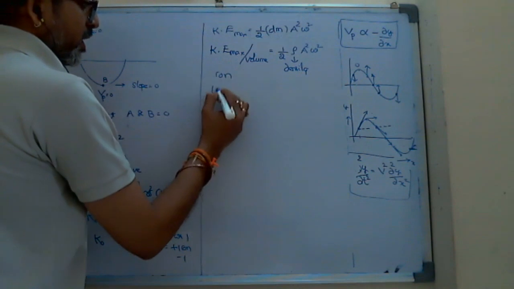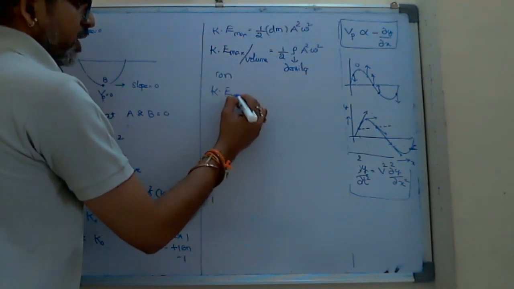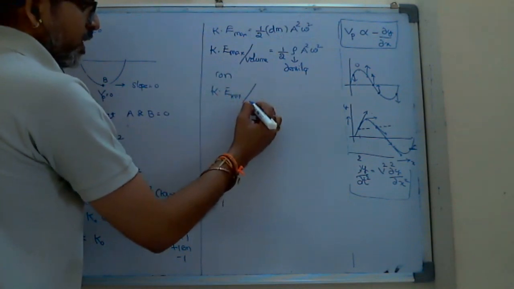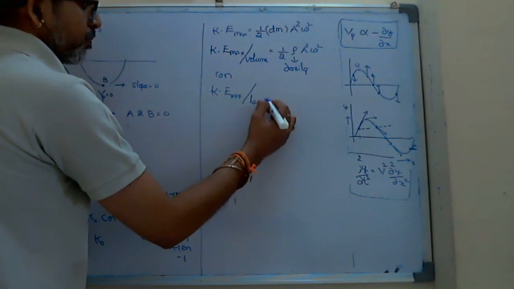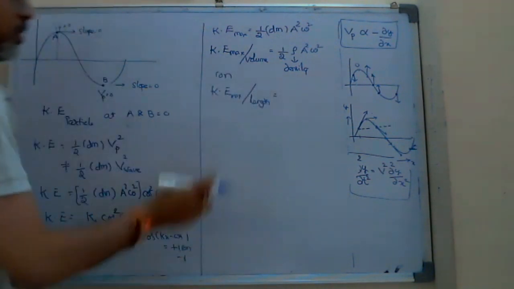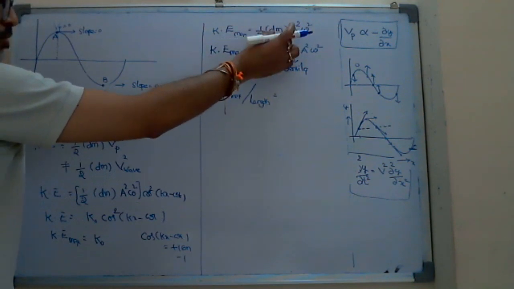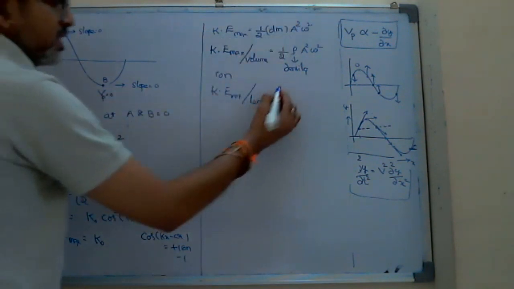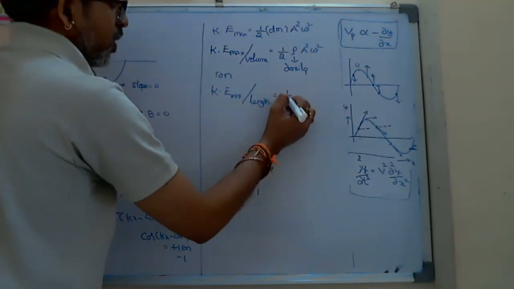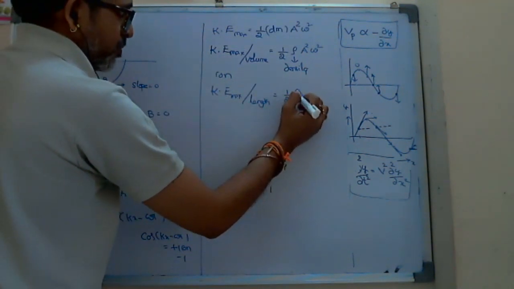Or you can write kinetic energy KE max per unit length also. Per unit length means dm by dx. In lengthwise terms, dm by dx is the linear mass density, which we represent with the letter lambda.